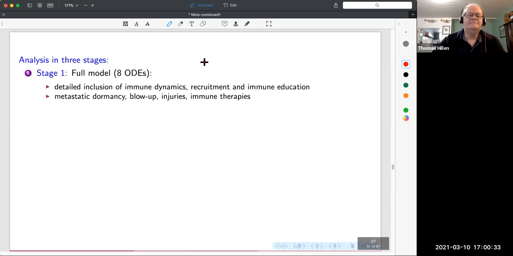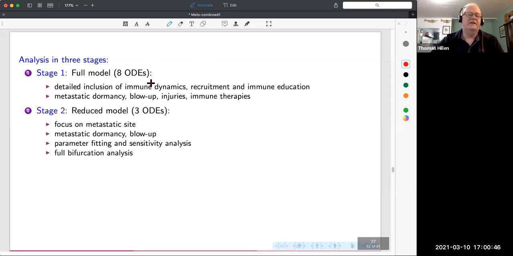Okay. So let's analyze this with mathematical modeling. The model we are using is a system of 8 ODEs. I'll show you in a second. We can analyze it in 3 stages. So we reduce it to 3 ODEs, and in this case, we can do a full bifurcation analysis and also full parameter fitting to data that we have.